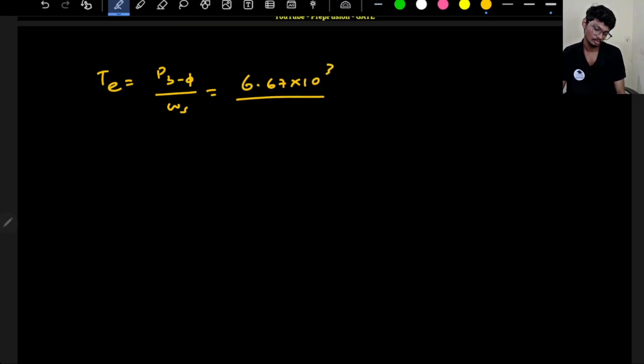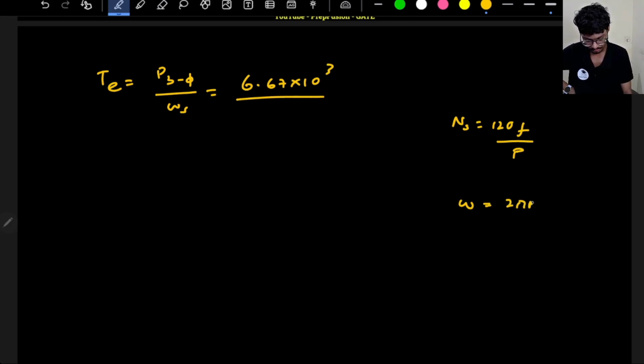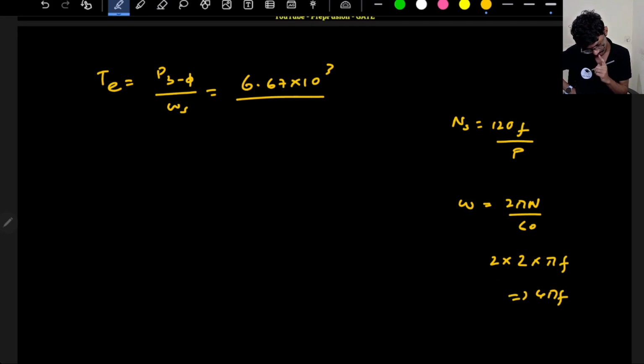What is omega s? Ns is 120 F by P, right? How do I write omega s? I know omega is 2 pi N by 60. If I replace this, 2 pi into 120 F by 60 is 2 into 2 into pi into F, so it will be 4 pi F. Am I correct here?